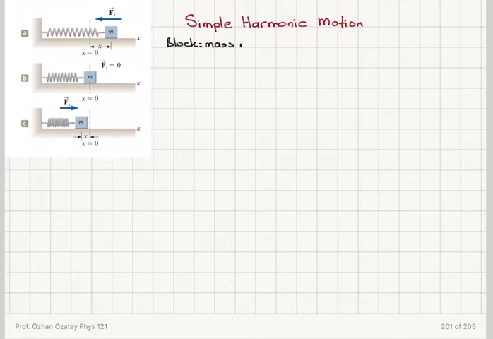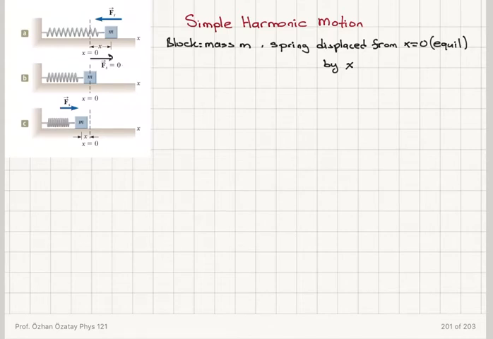Let's say that I have a block with mass m that is attached to a spring, and the spring is displaced from the equilibrium point x equals 0 by x.